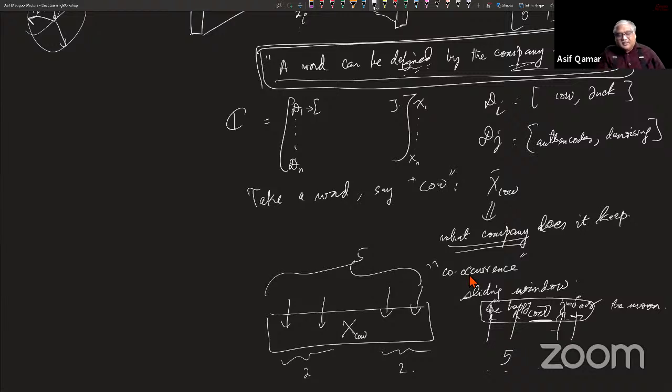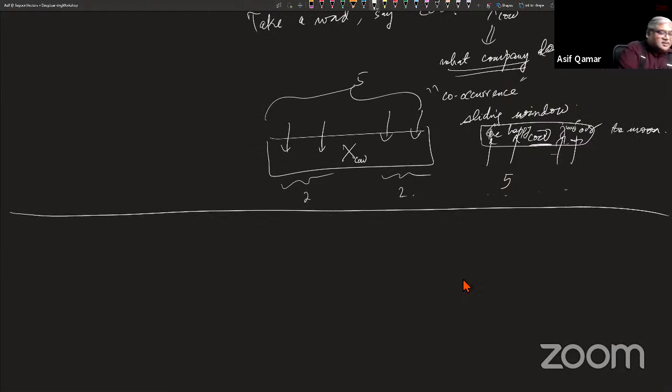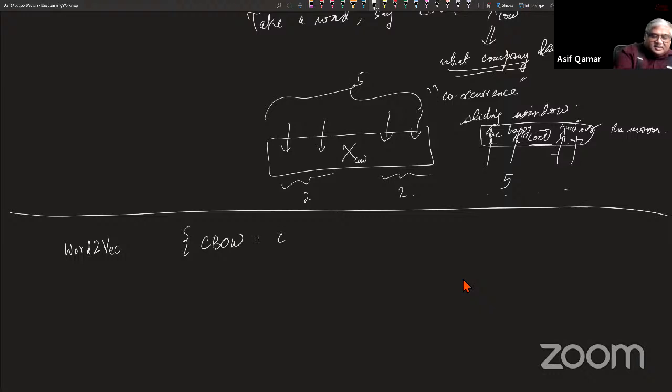Some of the classic ways that it has been interpreted, and we'll talk about it, are three very related ways. They are all in the family of word2vec. Those are CBOW, continuous bag of words. I'll explain what this means in a moment.